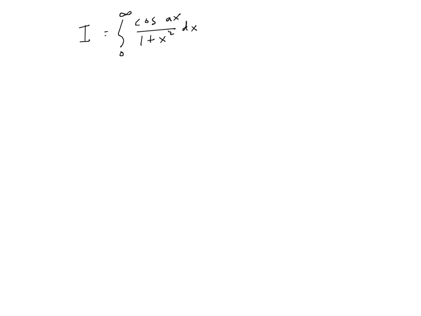Now, one thing we can do is use what we had before, and we know that I of alpha is equal to the integral from 0 to infinity of e to the minus alpha x cosine ax dx.